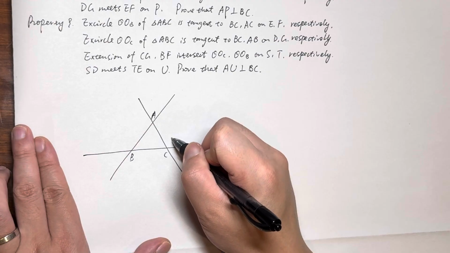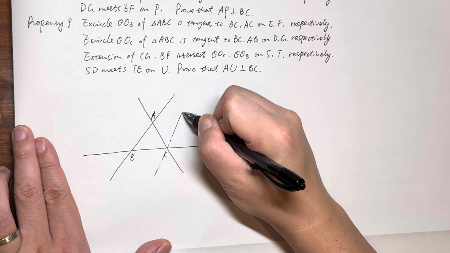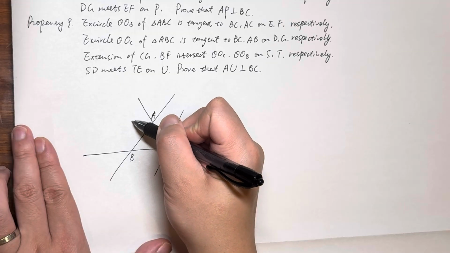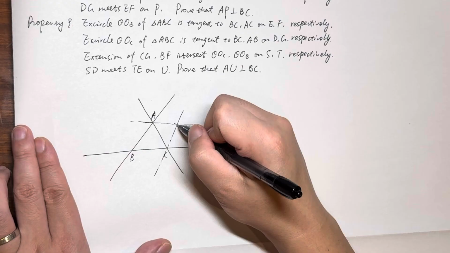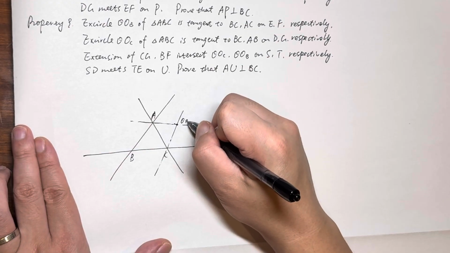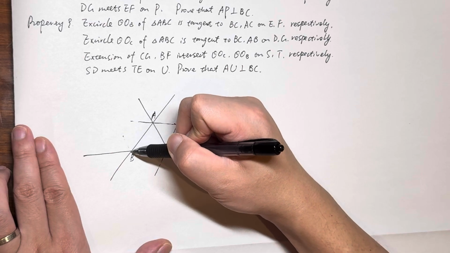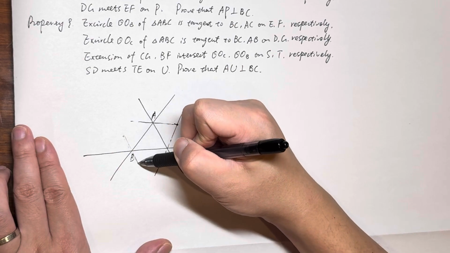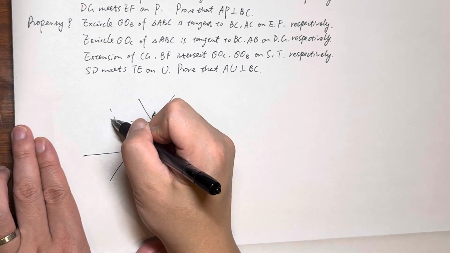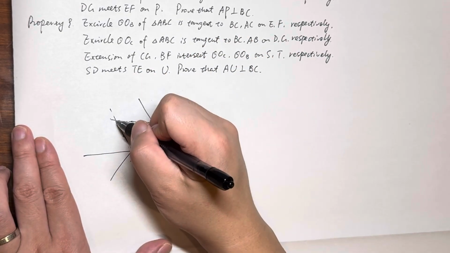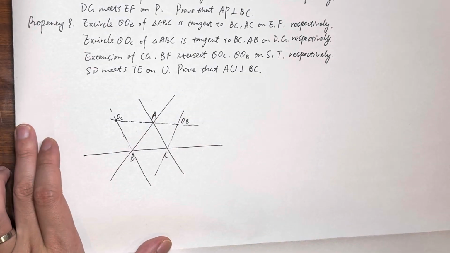So we want to find the angle bisector here, and we want to find the angle bisector here. So this point would be OB. And we want to find the angle bisector here. So this point is OC.